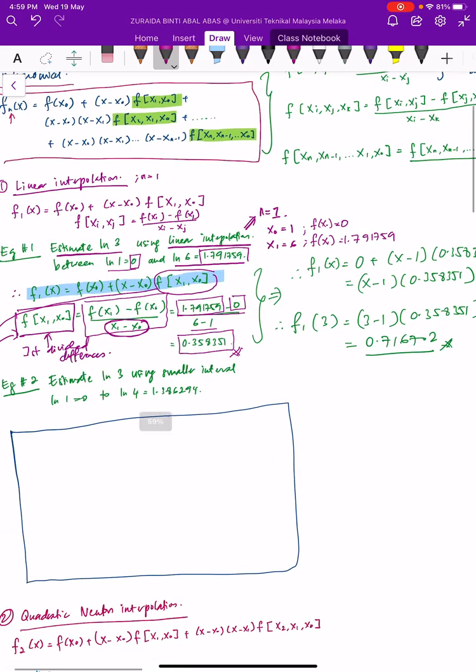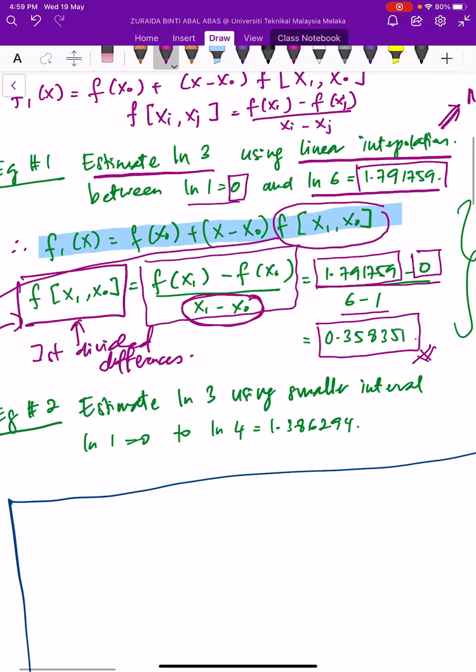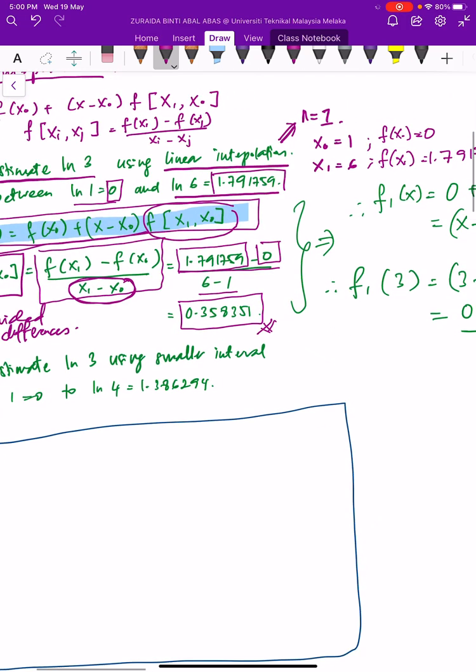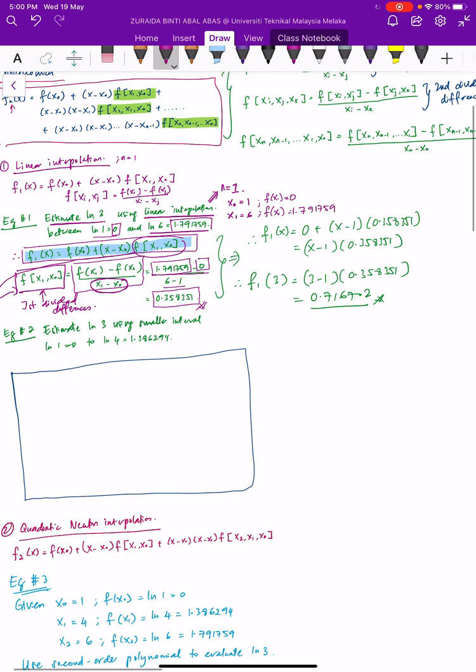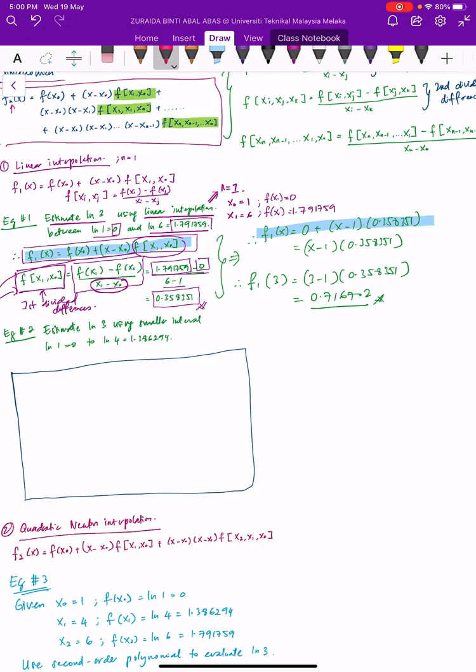If you still remember, the formula is as highlighted in the blue color here. So you plug in and you will get this one. You can see here that f(x0) is 0.